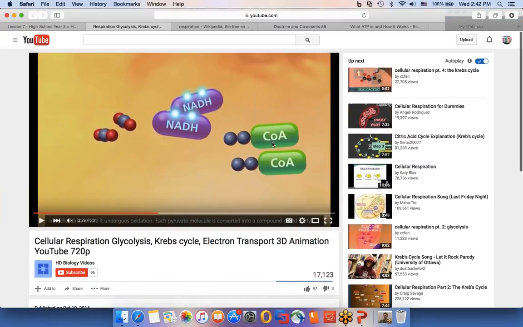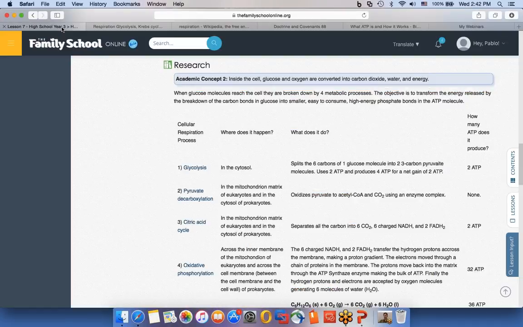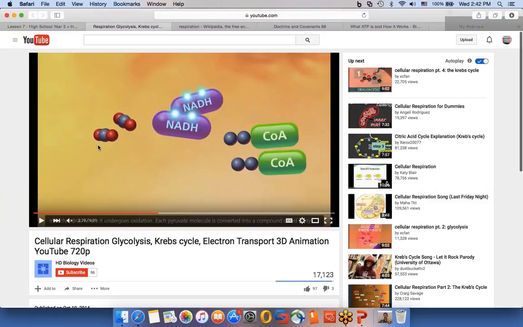It has a more precise chemical composition, but that is enough for our purposes. So it oxidizes the pyruvate to an acetyl-CoA, and then releases carbon and oxygen atoms using an enzyme complex. So this one is the carbon dioxide.